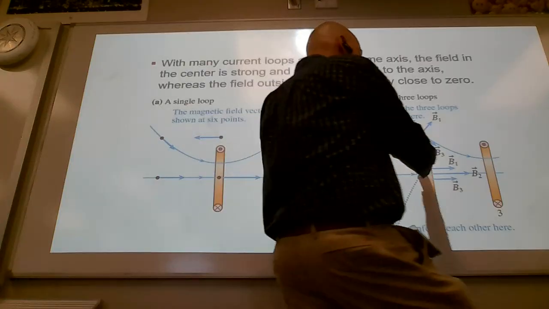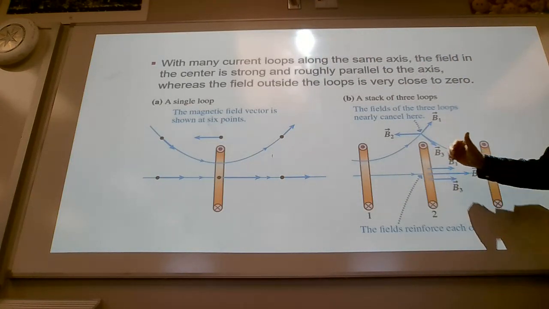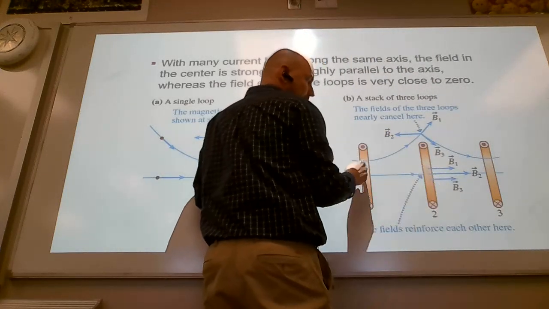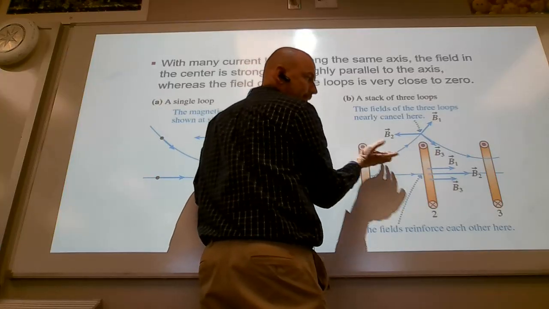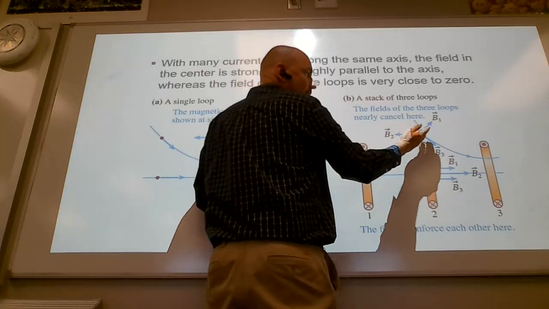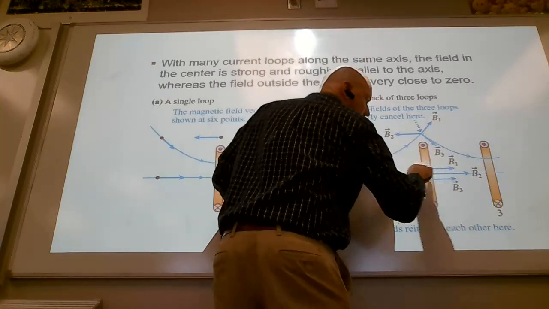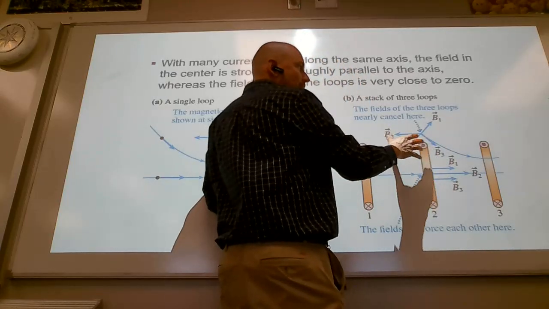If you have 3 rings, this is just kind of building up the case. This one's creating B2, this one's creating B1. B1 at this point is going that way, and then B3 is from this one.